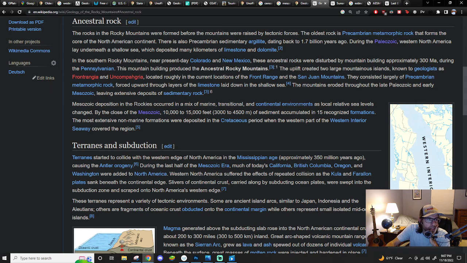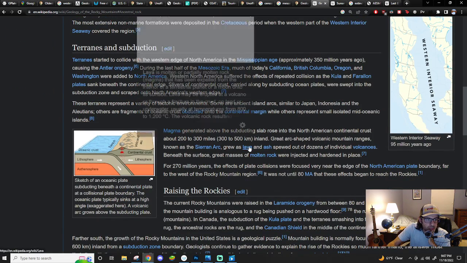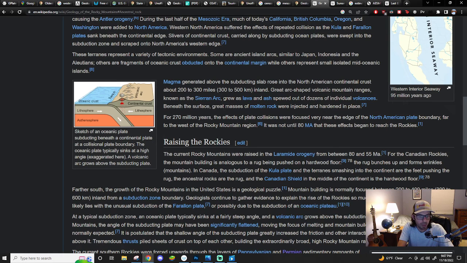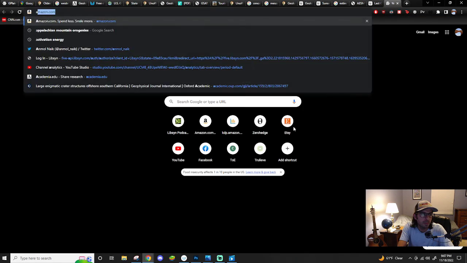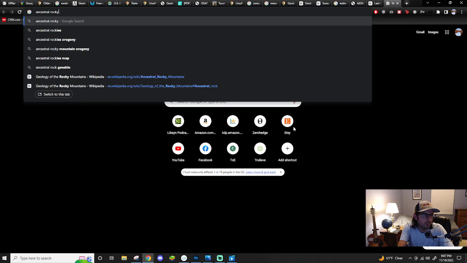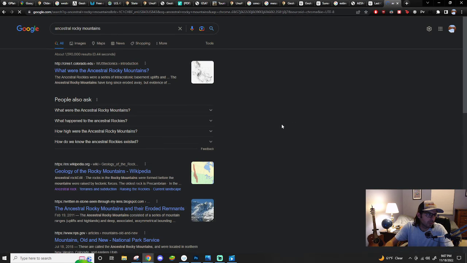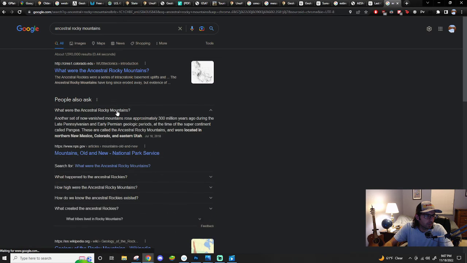Near Colorado and New Mexico. Rose 300 million years ago. Okay.